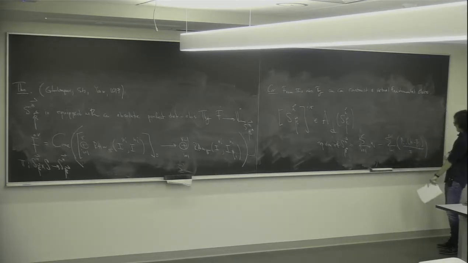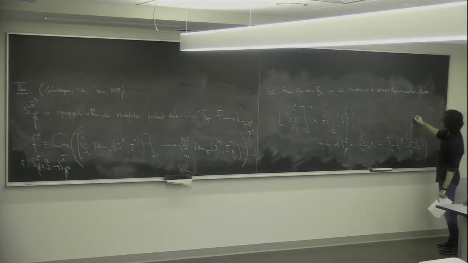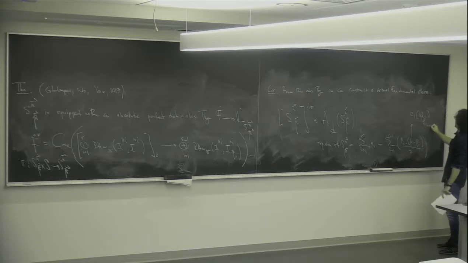That's what it is. And what is K? It is the first Chern class of the canonical bundle of the surface. It's the canonical class.